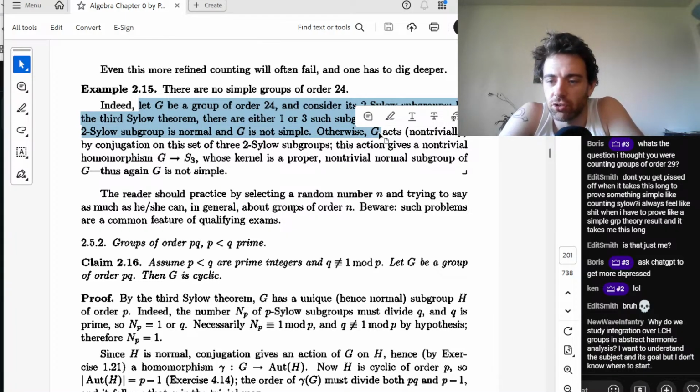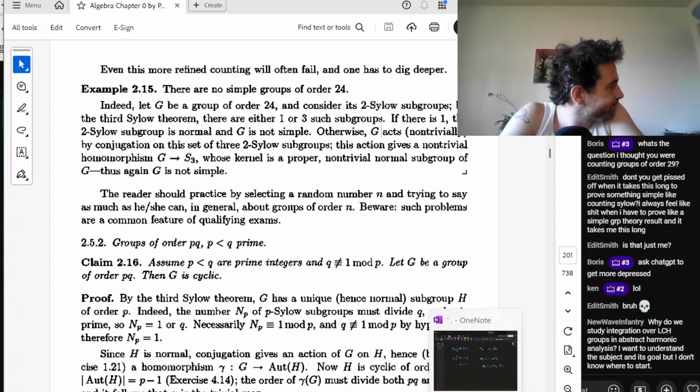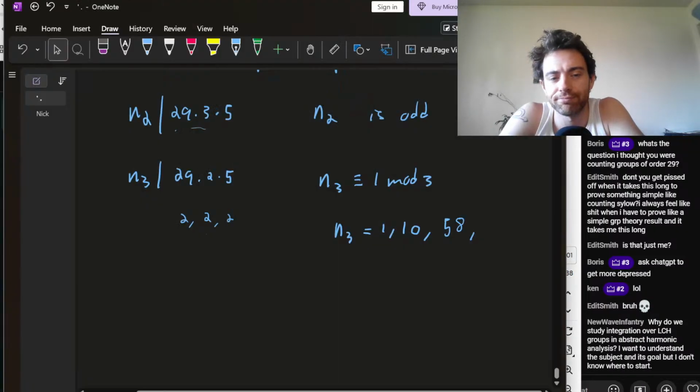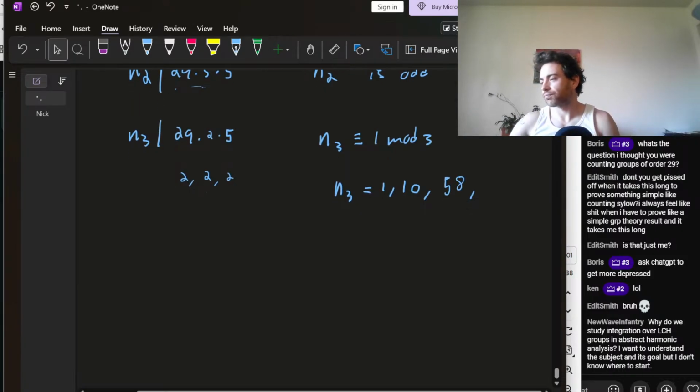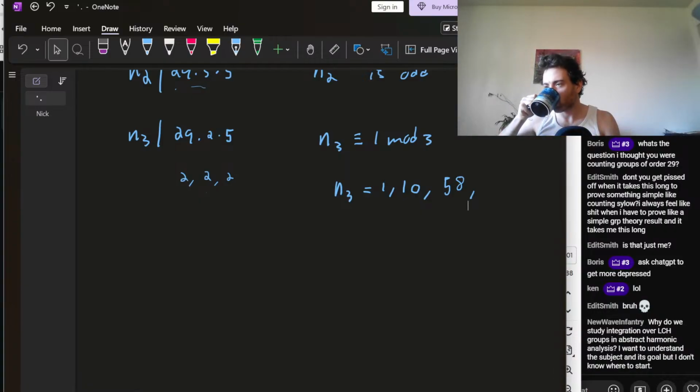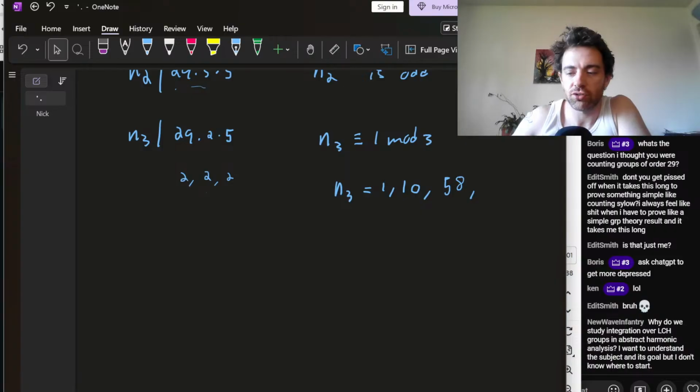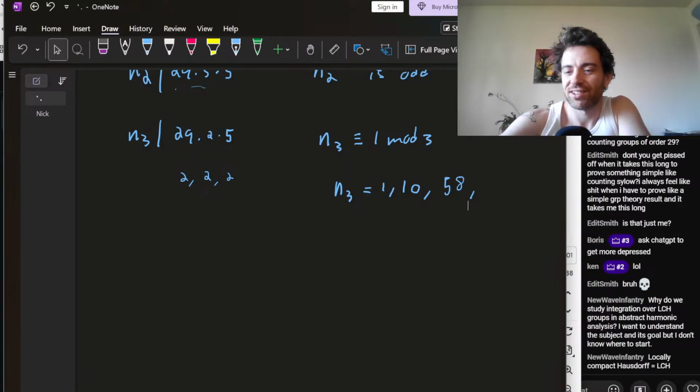Why do we study integration over LCH groups? LCA groups, do you mean? You understand the subject and its goal, but you don't know where to start. Well, what's a good way to sell this idea? Okay, so the idea is we like groups, right?